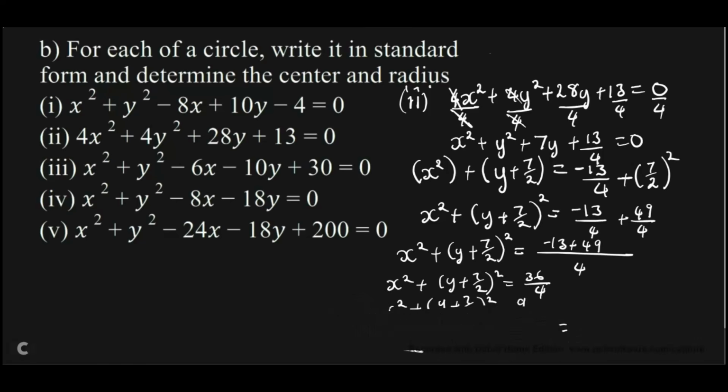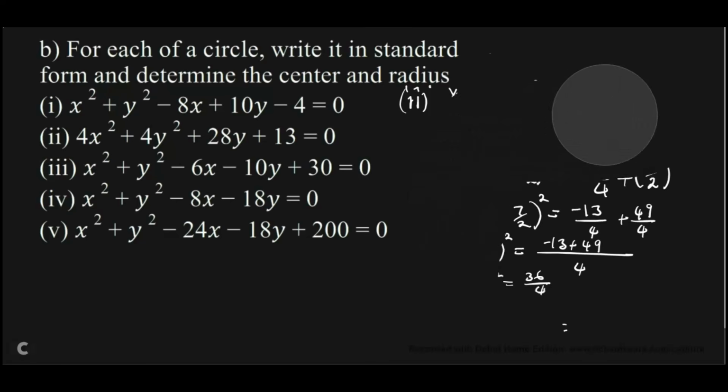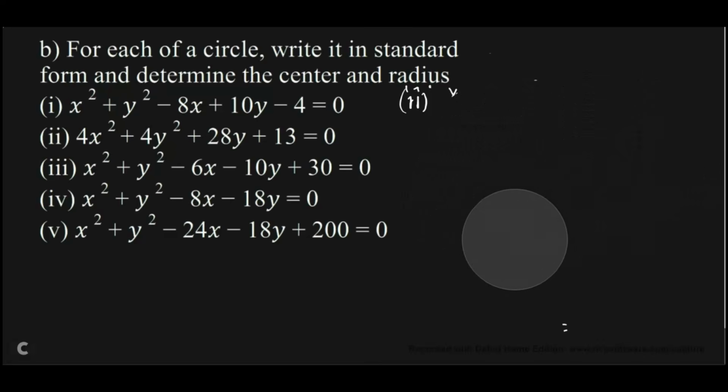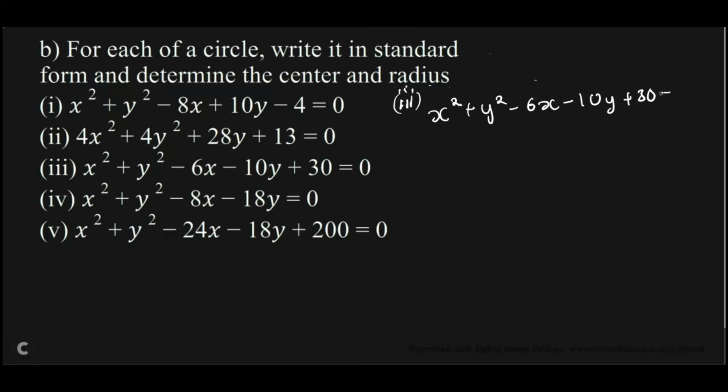So question 3 is saying x squared plus y squared minus 6x minus 10y plus 30 equal to 0.